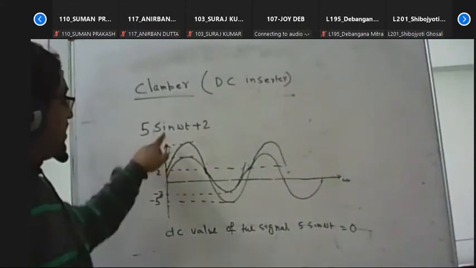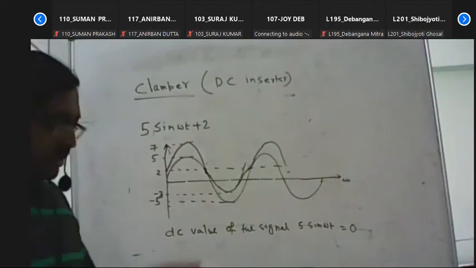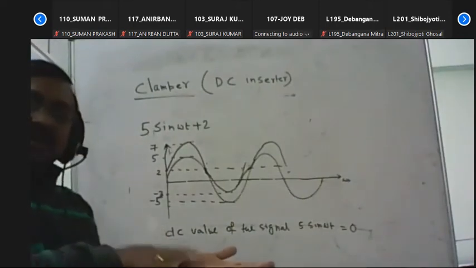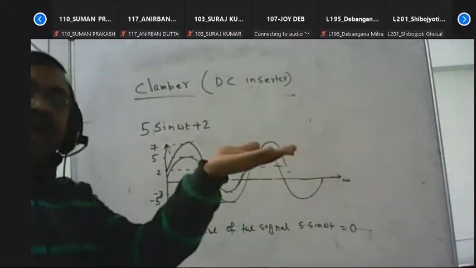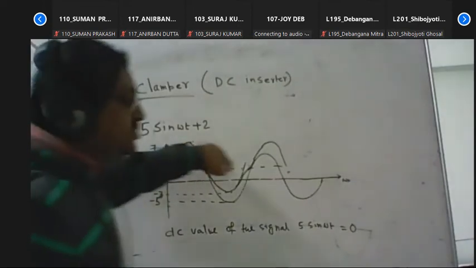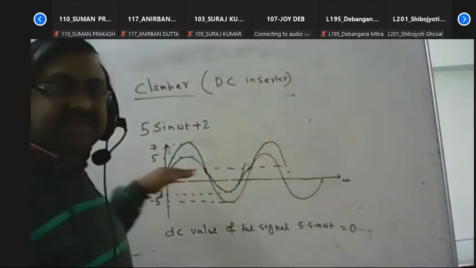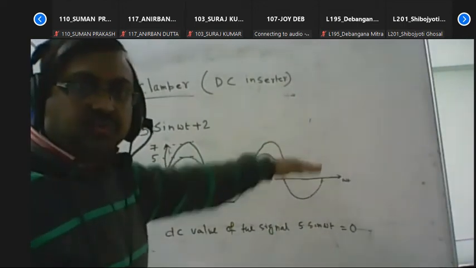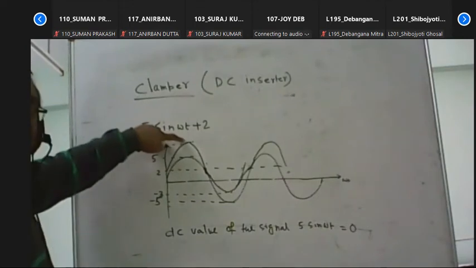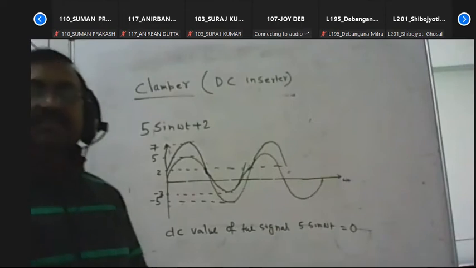But if we consider 5 sin omega t plus 2, the DC level is shifted from 0 to 2. At that moment, the DC value of the signal is 2, not 0, the maximum value of the input signal is 7, and the minimum value of the input signal is minus 3.